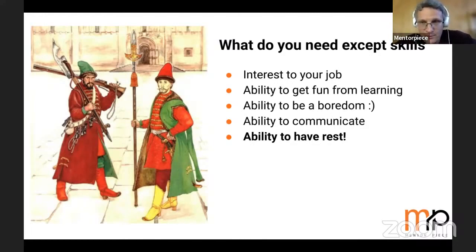You should be able to communicate to different people, because there could be different people in your team, developers, DevOps, business analysts, and you should use proper language for each person. And of course, you have to be able to rest properly, because work-life balance is very important. And basically, the better you rest, the better you test.